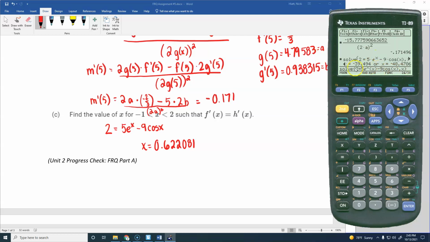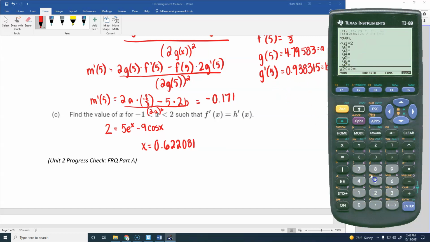Sometimes with trig functions like this, you run into problems whenever it gives you the answer here. Sometimes they'll put like plus or minus, or a plus 2 pi k sort of thing there. It gets really confusing. If that happens, you always have the backup of going to y equals. You could clear this stuff out, put 2 in y1, which is on one side of the equation.